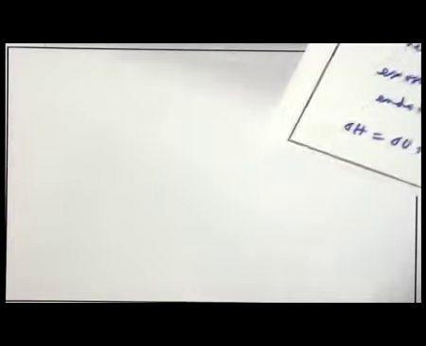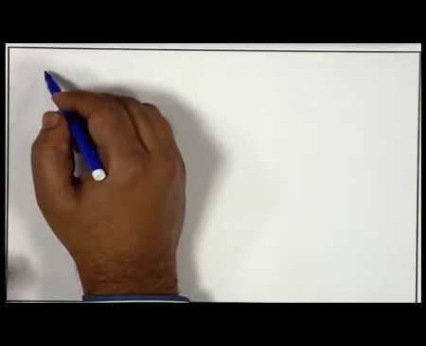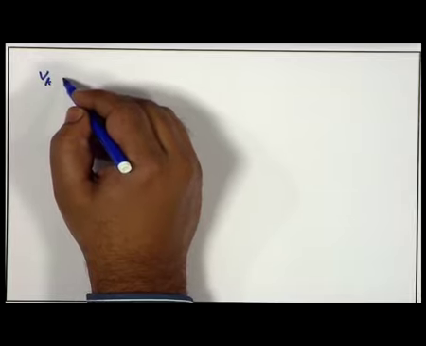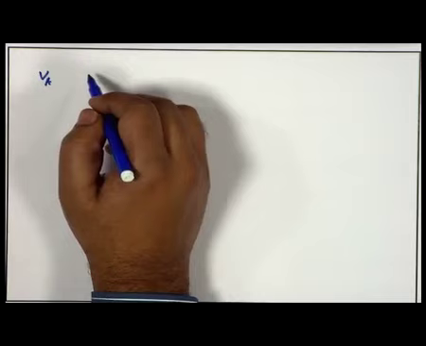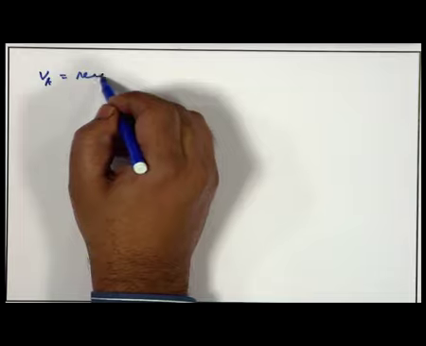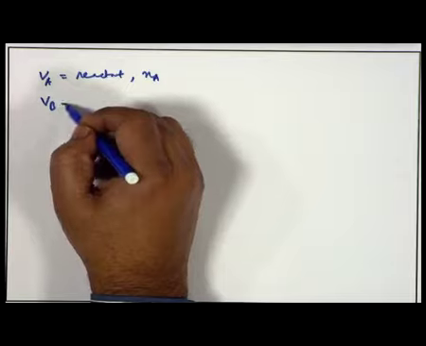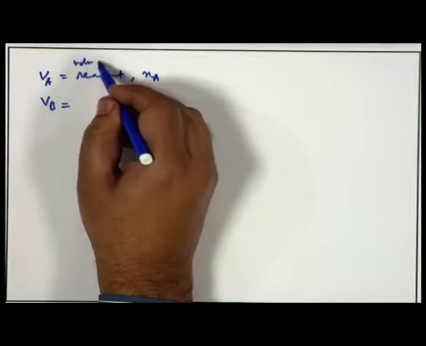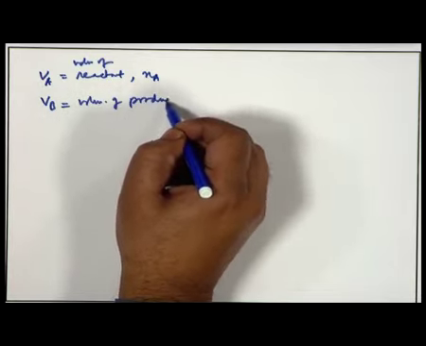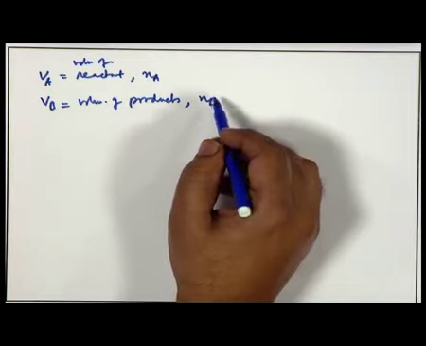For gas, we can write, if we take two conditions, say reactants and products. V_A is the volume of reactants, n_A is the number of moles of reactants. Similarly, V_B is the volume of products, n_B is the number of moles of products.